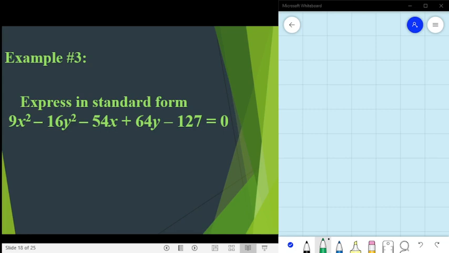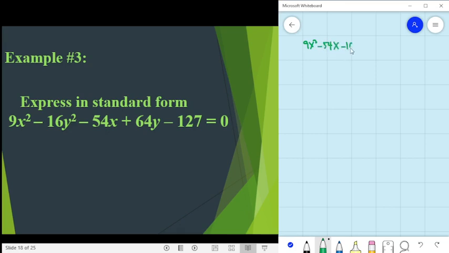So 9x squared goes with 54x, then minus 16y squared with positive 64y. And then the constant term will be transposed to the other side, so it becomes 127.